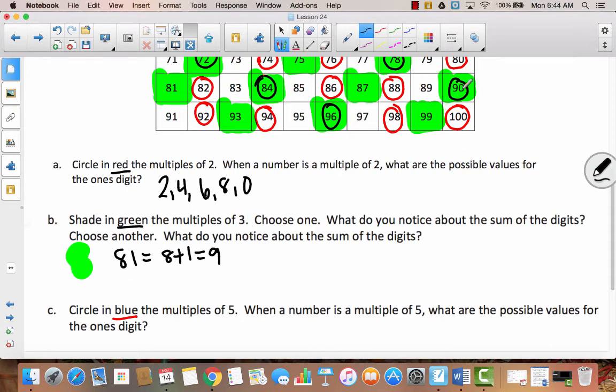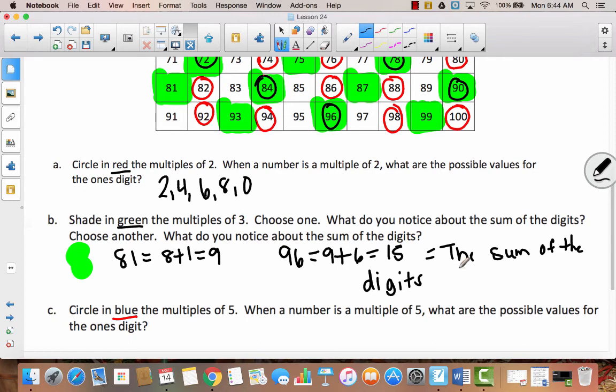Let's choose 96. So I've got 9 plus 6 equals 15. So what do you notice about 9 and 15? Well, they're odd. That's what I notice. So the sums of the digits are odd. Did you pick two different numbers, and were the sums of your digits odd too?